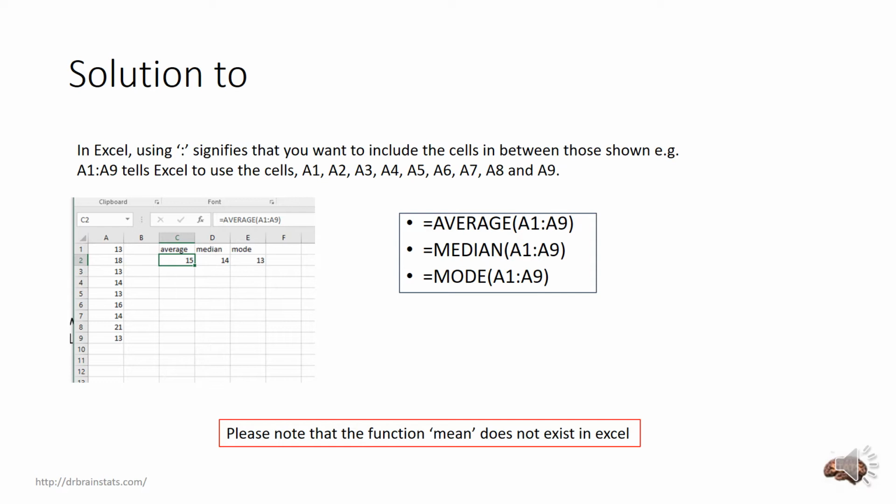So, to calculate the average, we just need to put the average of the cells. In the cell next to it, we just put equals MEDIAN, and in the final one equals MODE. That is all there is to it. Nothing complex, everything is straightforward, because Excel is easy to use.